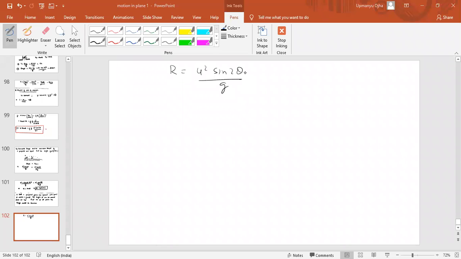When this sine 2 theta is equal to its maximum value. See how this range is changing because of this sine 2 theta. If sine 2 theta is maximum, then the range will also be maximum. And what is the maximum value of sine? That is 1.